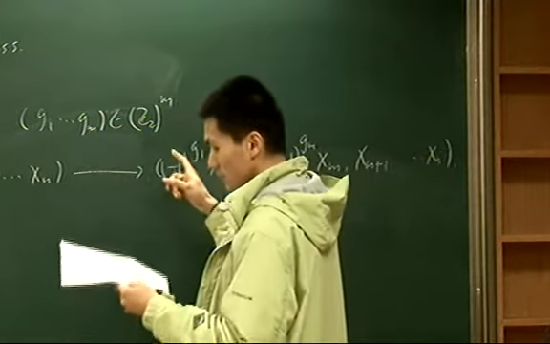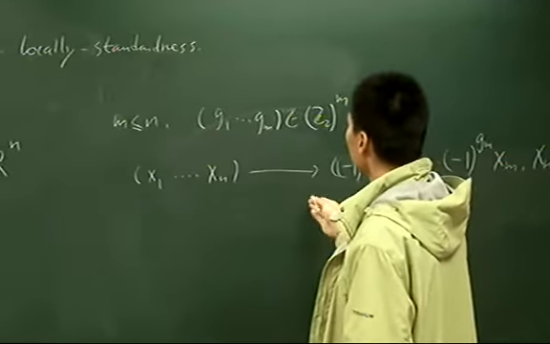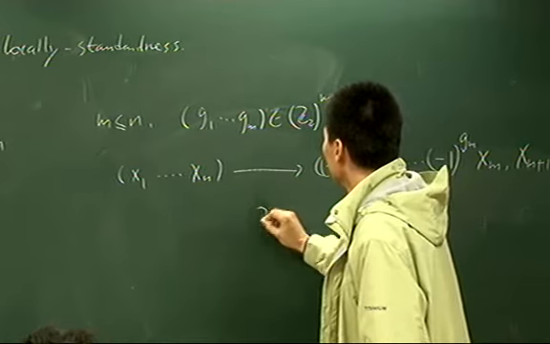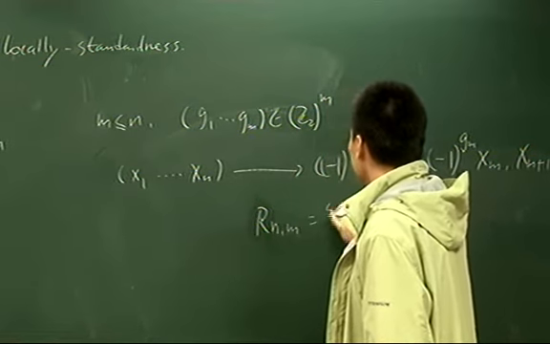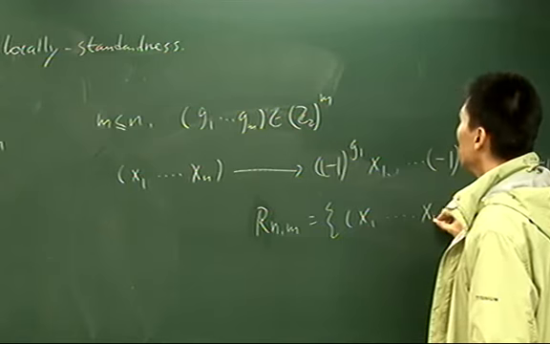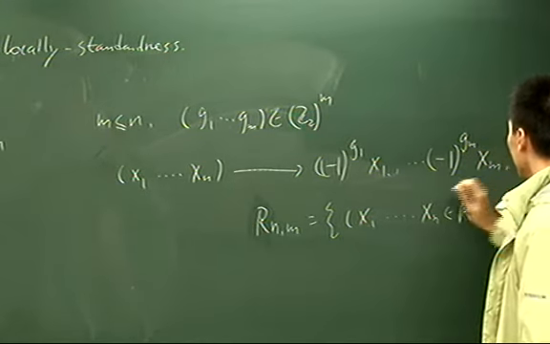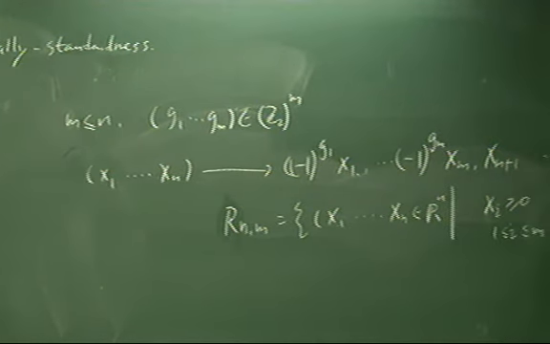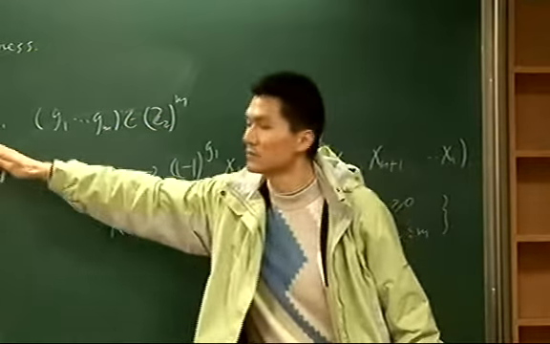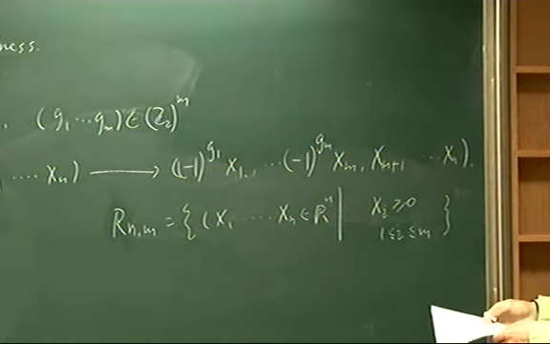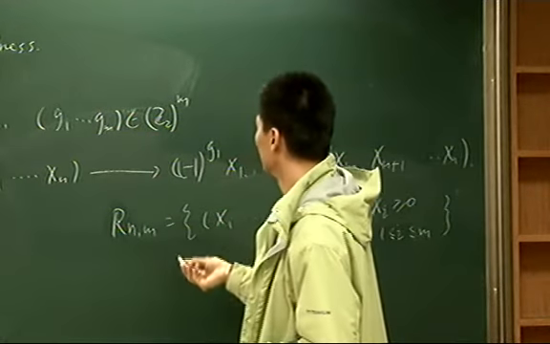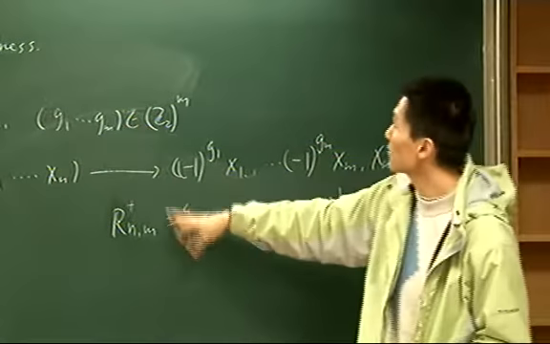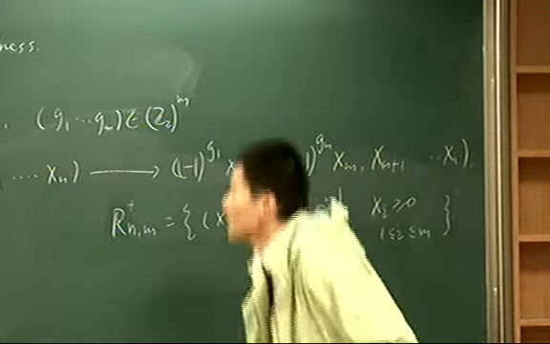The orbit space of this one is not a cone, but just R^n_m, which equals the set of x in R^n with x_i greater or equal to 0 for i up to m. So this is the orbit space of this standard action on Euclidean space when m is less than or equal to n.